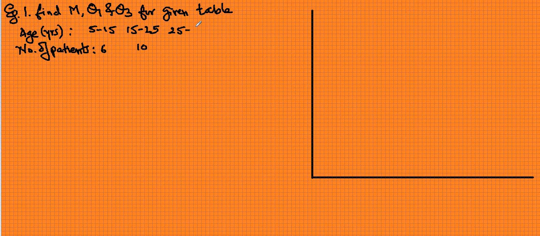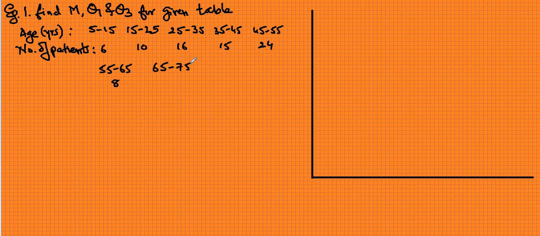Then 25-35 has 16. 35-45 has 15. 45-55 has 24. 55-65 has 8. 65-75 has 7. Okay, so this is my question and we have to find out the median, upper quartile and lower quartile.